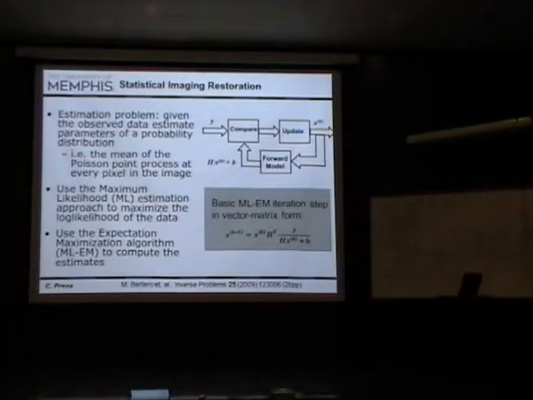So at every iteration K, I have some estimate for what X is. So I take the output here at iteration K, and if I pass it through my forward model, it's going to give me a prediction of what the data should look like. So it's my operator operating on my estimate plus that background value.